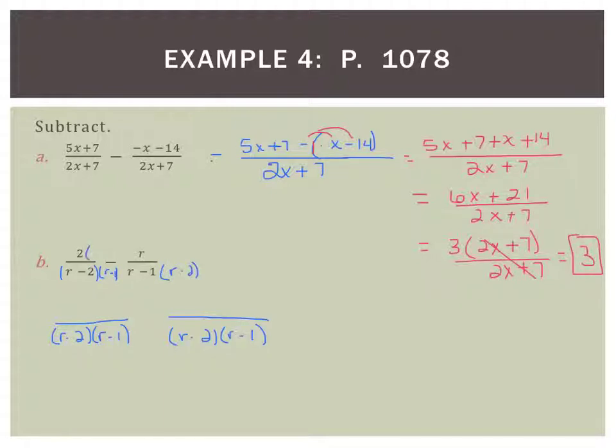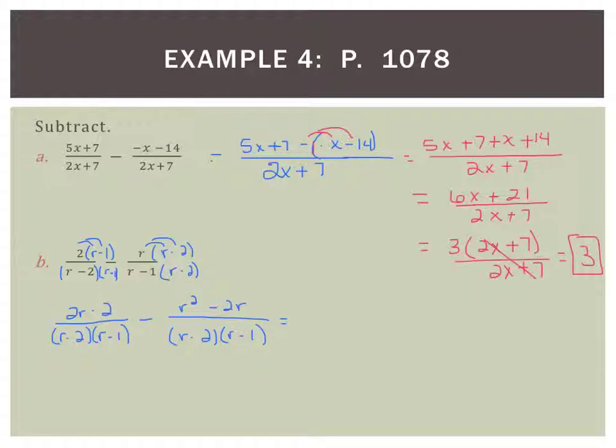So multiply the top by the same thing. So 2 times r minus 1, r times r minus 2. So I'm going to distribute the 2 times the r minus 1. So that's going to be 2r minus 2 minus, distribute the r. So r squared minus 2r.